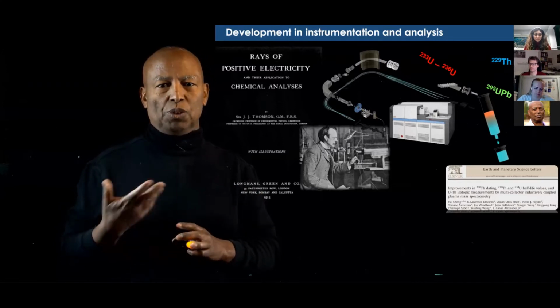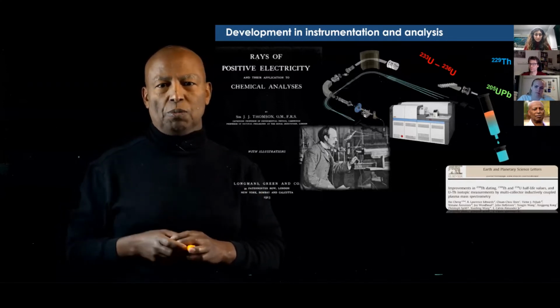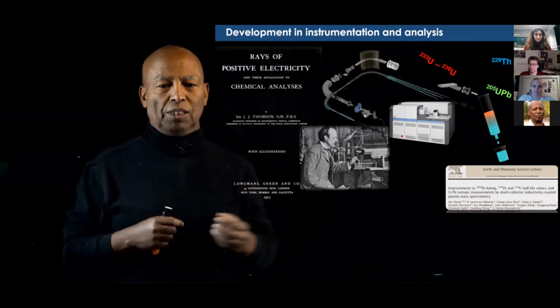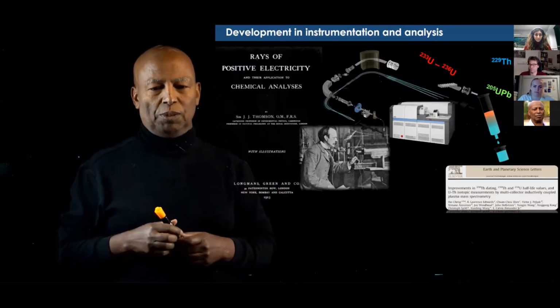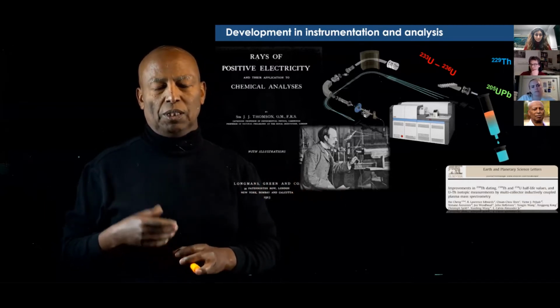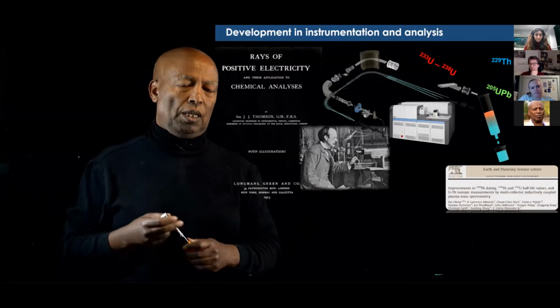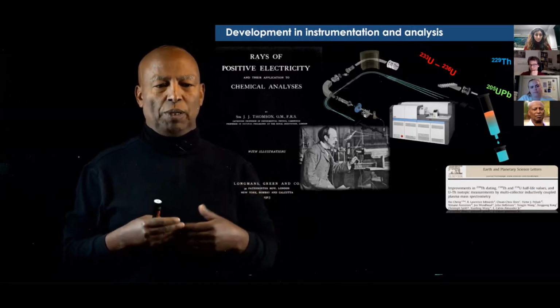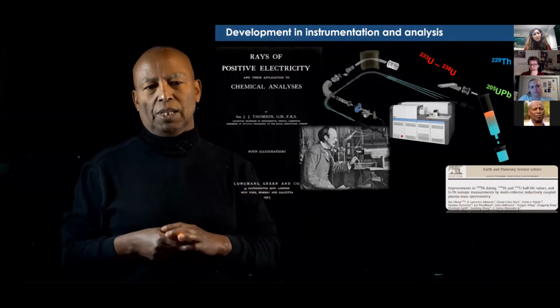Their application was limited, primarily not because of conceptual issues, but because of technical development, from J.J. Thomson's early mass spectrometer to our modern mass specs. This has been driven by technical advancement.